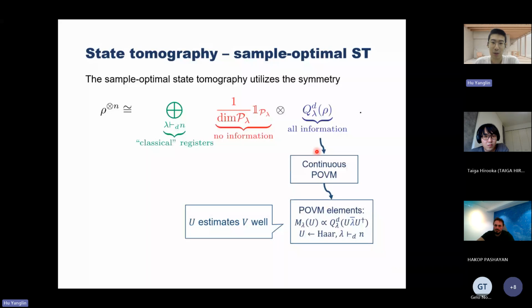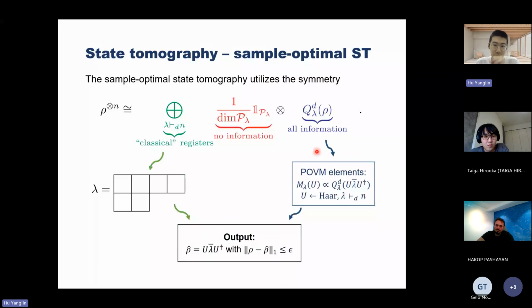Okay, so combining both, you can give a very good estimation of the original rho by U lambda bar U dagger, and this lambda bar is the irrep label you get from the first measurement, and this U is the unitary you get from the continuous POVM, and you can make sure that the trace distance between rho and rho hat is upper bounded by epsilon.